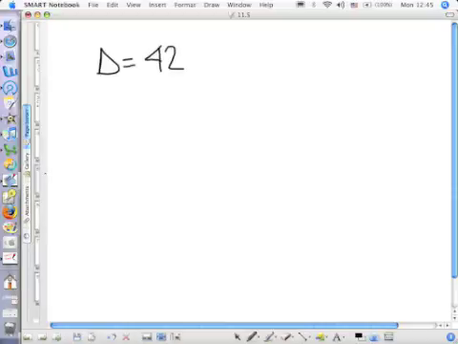Using 22/7 for pi, find the circumference and area of a circle that has a diameter of 42.